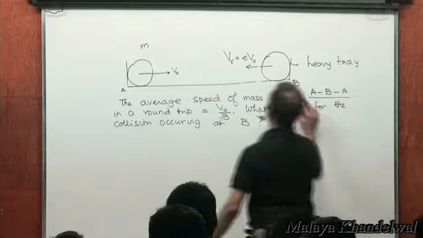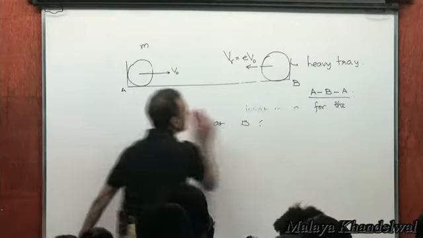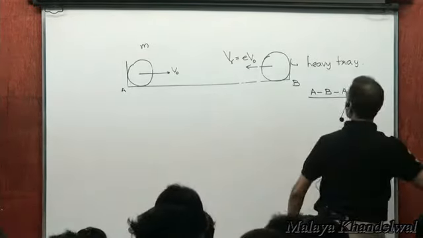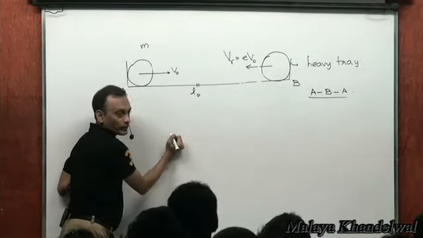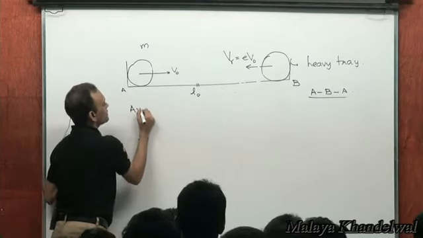So if I have to calculate the average speed independently, suppose the length of the tray is L0.